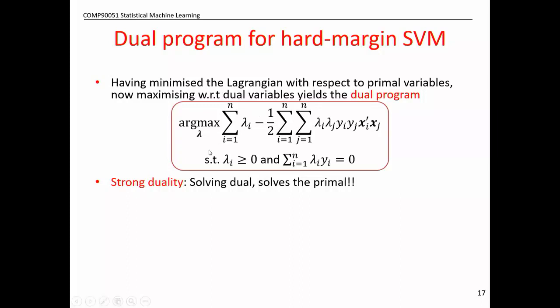So what strong duality tells us is that because I had a convex program, I can compute the dual program by applying the KKT conditions, massage it and replace the primal variables, and I end up with something that is, in some way, equivalent to solving the primal.